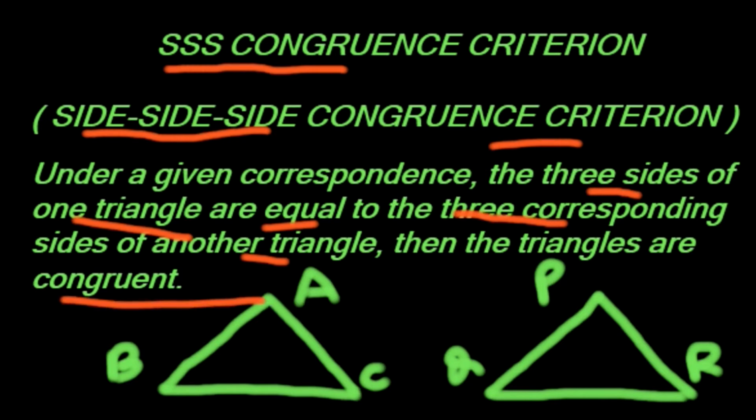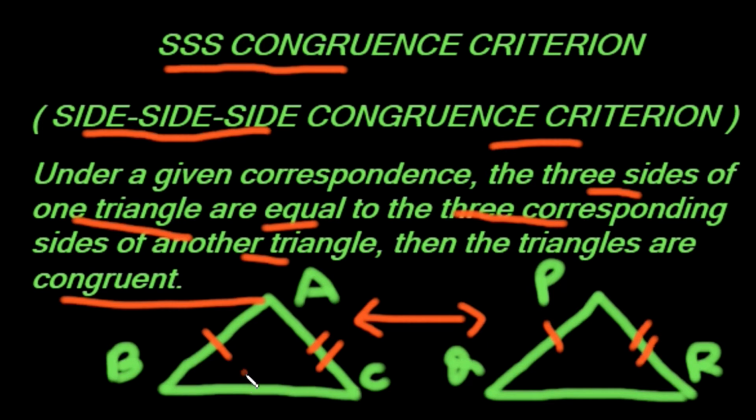Let's take triangle ABC and triangle PQR. Now, when these both triangles are congruent, we can say the side AB is equal to the side PQ. What about AC? AC, the corresponding side is PR.